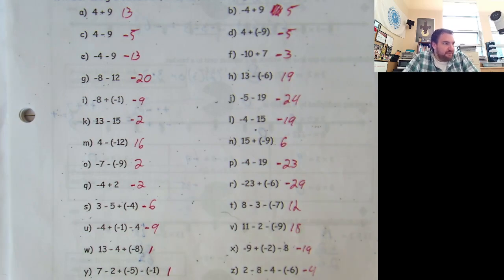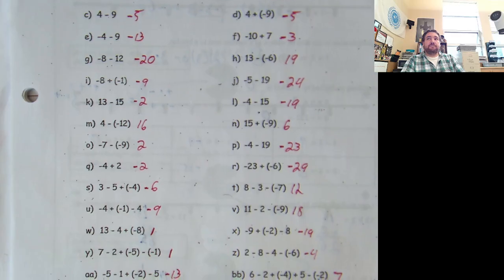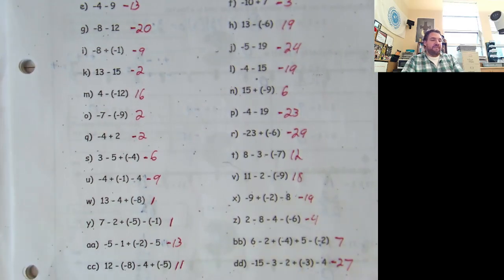A through Z. And there's the bottom 4: AA, BB, CC, and DD.